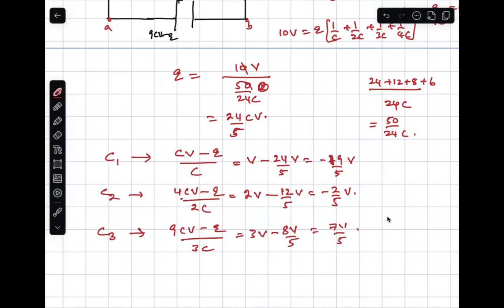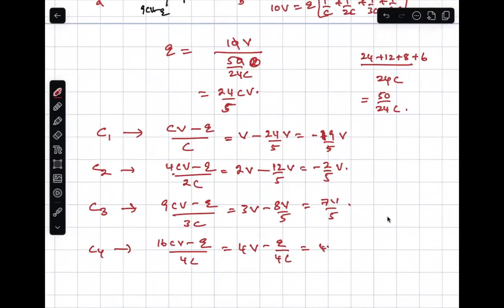You see, actually, this is earlier 3V. Now it is less than that, but still positive. Right. C4, 16CV minus Q by 4C. 4V minus Q by 4C. 4V minus 1/4 of that, 6V by 5. 20 minus 6, 14V by 5.